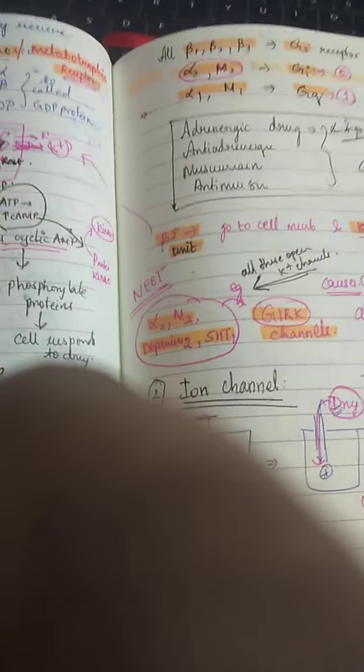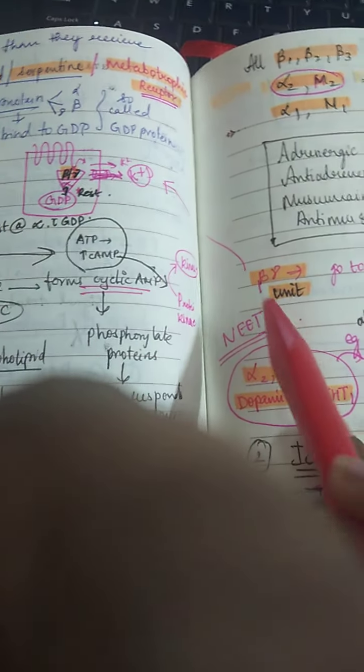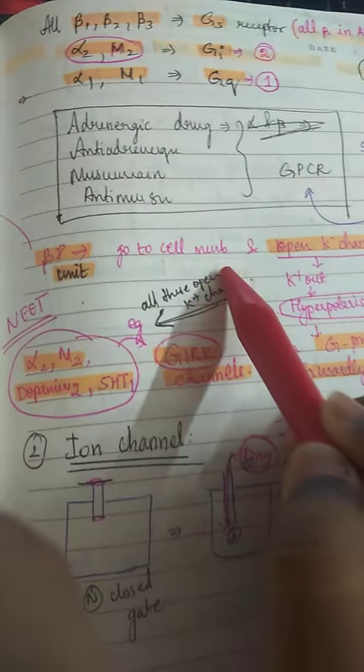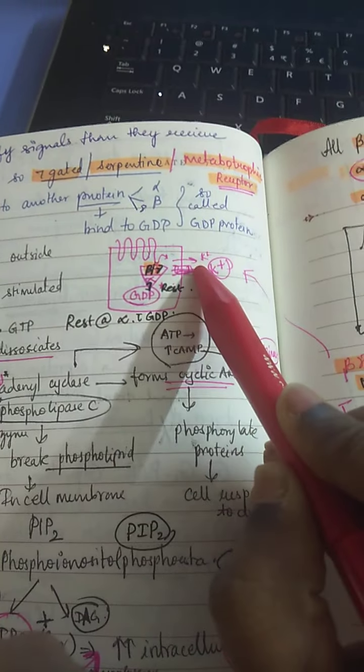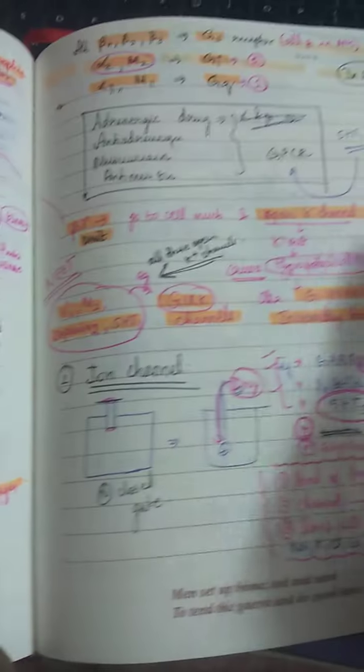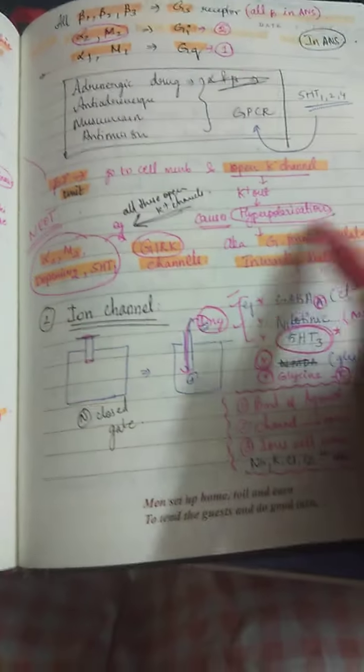Now there's another type, where there's another channel called the potassium channel. This is a specialized unit, the beta gamma unit. We talked about the alpha unit here. The beta gamma unit will go to the cell membrane and open the potassium channel. So once the alpha acts like this, the beta gamma will open the potassium channel. All the intracellular potassium moves outside, and once it moves outside, it's called hyperpolarization.